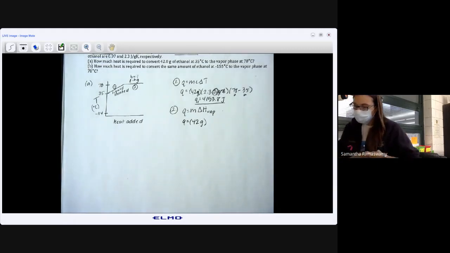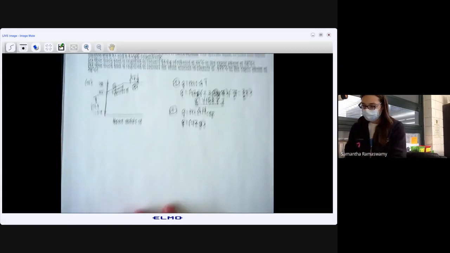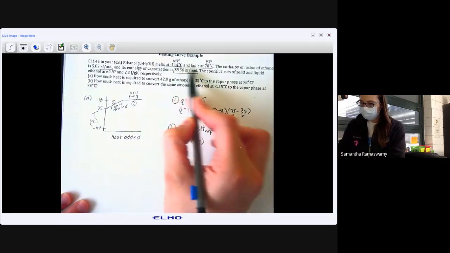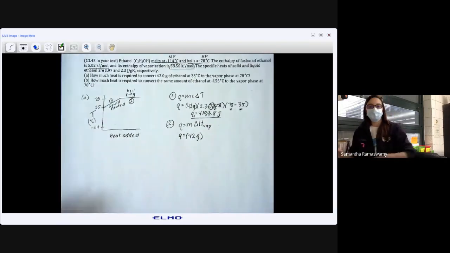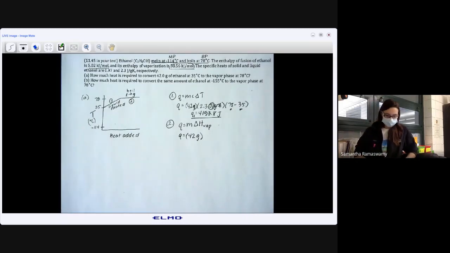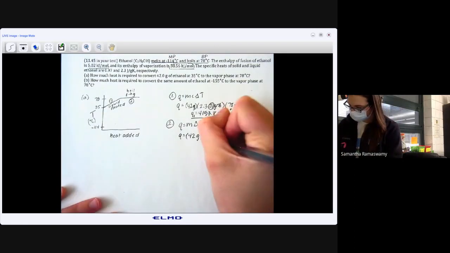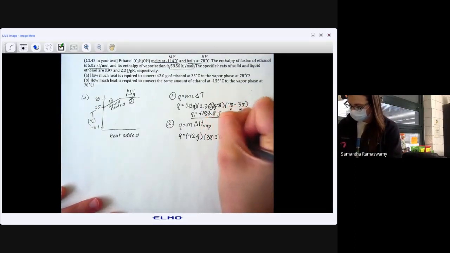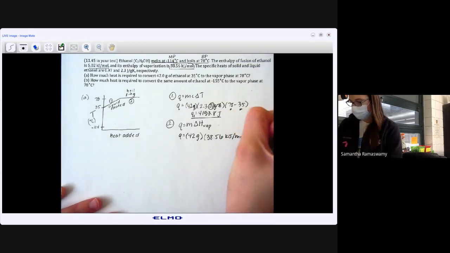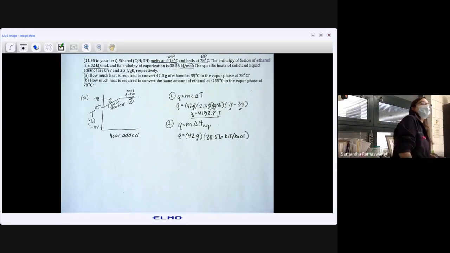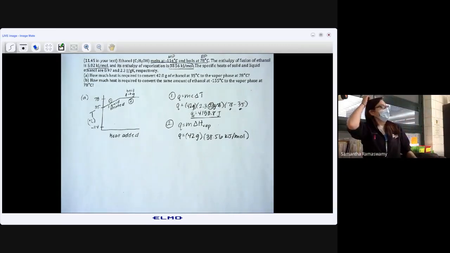And then if we actually look up here, the heat of vaporization is 38.56 kilojoules per mole. So let me show you what happens if I plug this in. 38.56. This is why units are so important. Notice my grams don't cancel. My moles don't cancel.